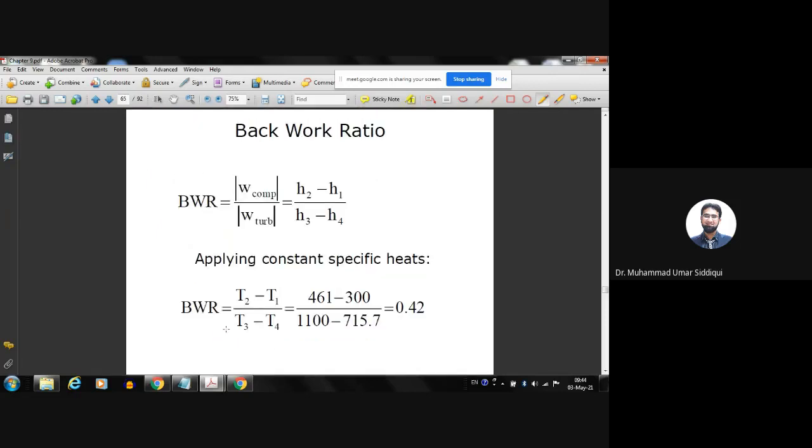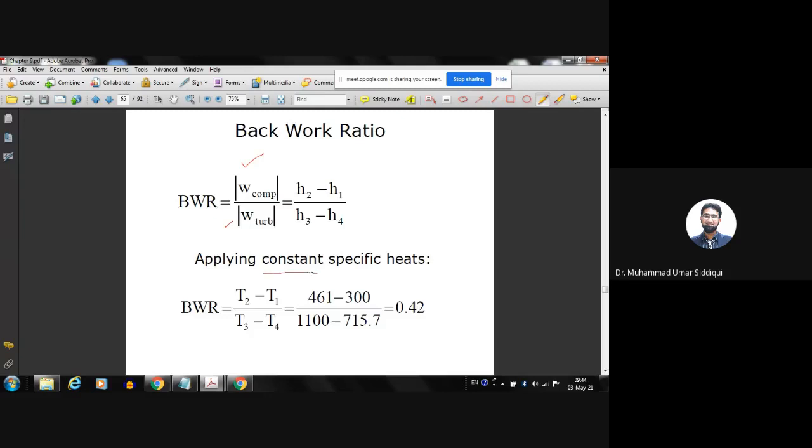The back work ratio can be determined as the work of the compressor divided by the work of the turbine. Work of the compressor is h2 minus h1. Work of the turbine is h3 minus h4. Since m dot is the same, it is going to cancel. M dot and Cp both cancel from the numerator and denominator.